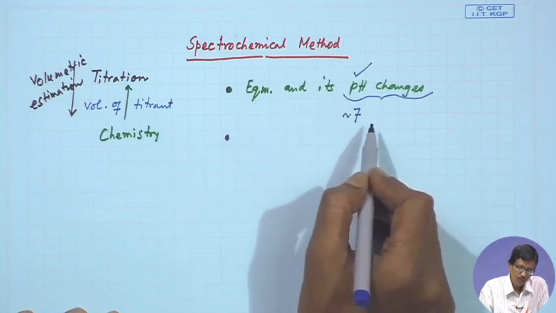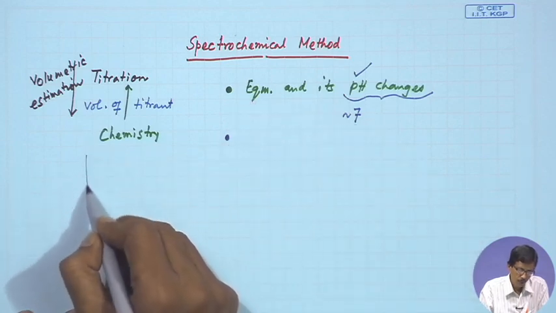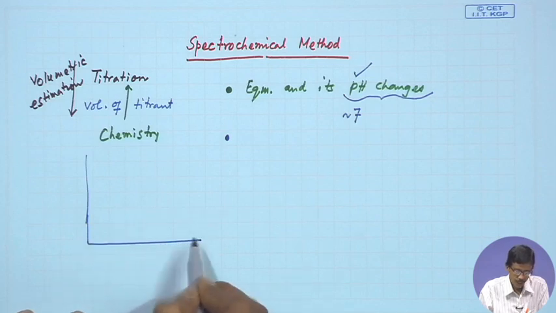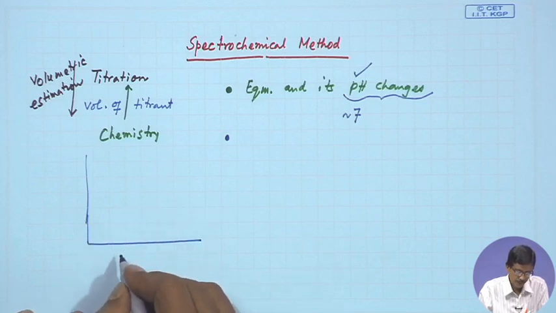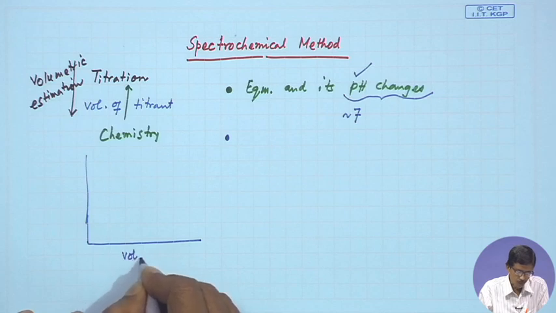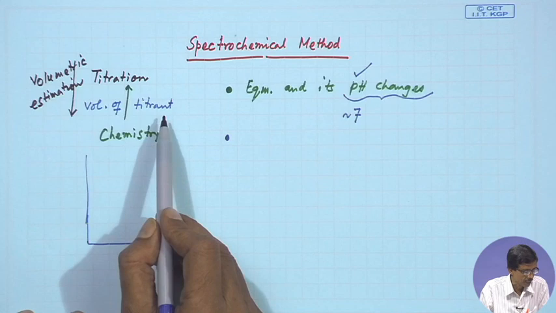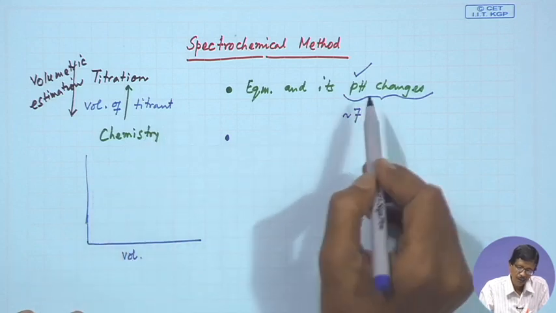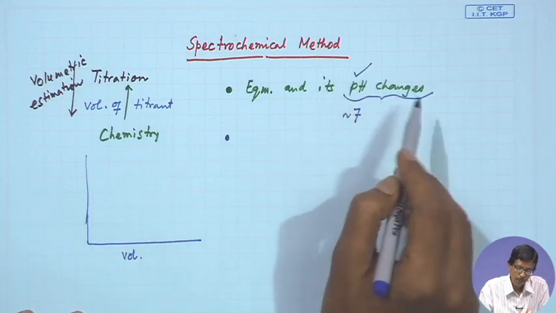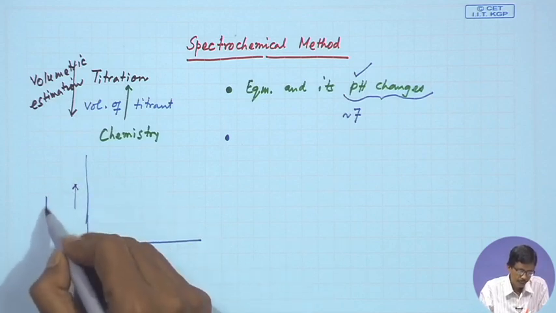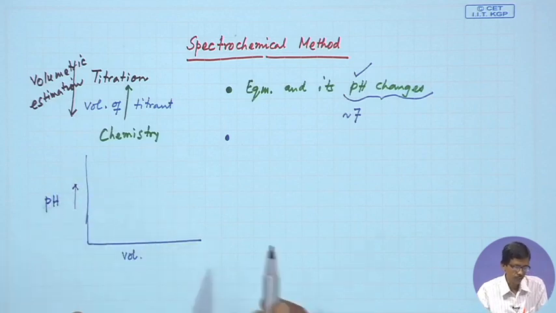And if we consider this particular plot, if we just simply plot something where in the x axis we plot the volume used for this titration, that means the volume of the titrant we are adding, and we are looking at the corresponding pH change. So, the other axis will be occupied by the change in the pH.